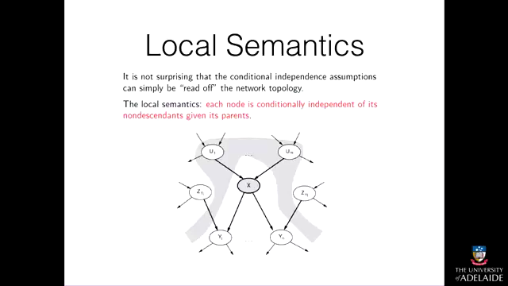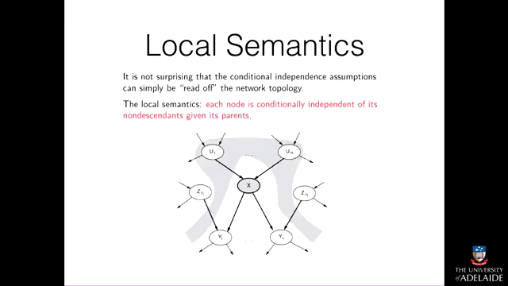Okay, so another useful concept is called the local semantics. That is, by observing the Bayesian network, we can read off some conditional independency relationships. So here is one, which I actually just mentioned. Each node is conditionally independent of its non-descendants given its parents.